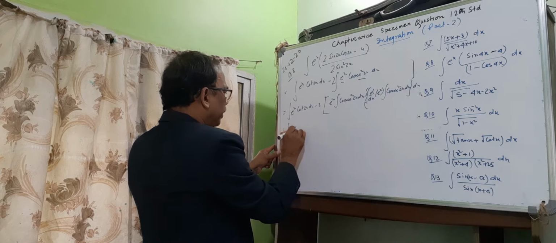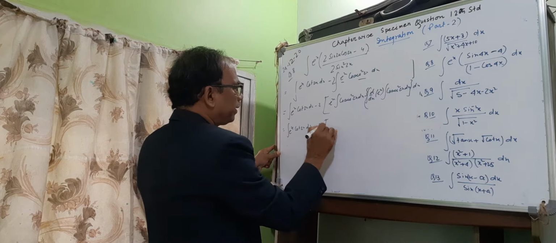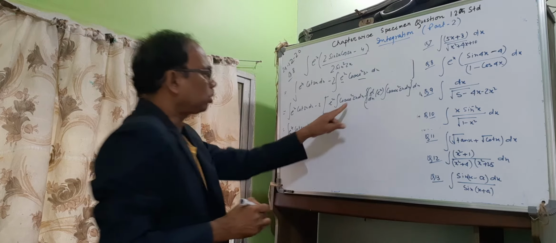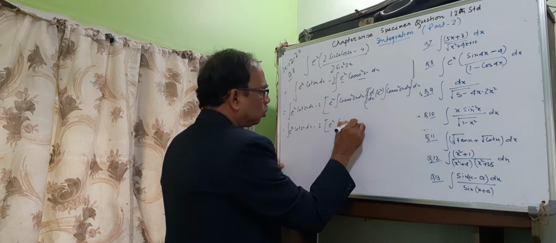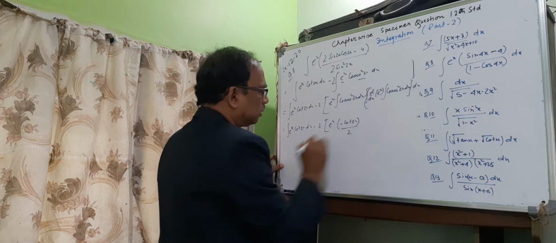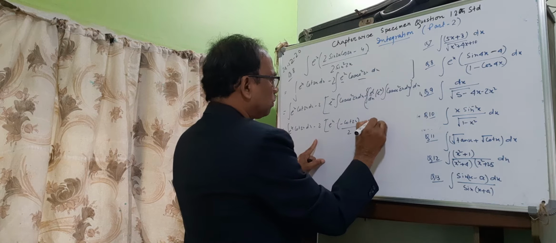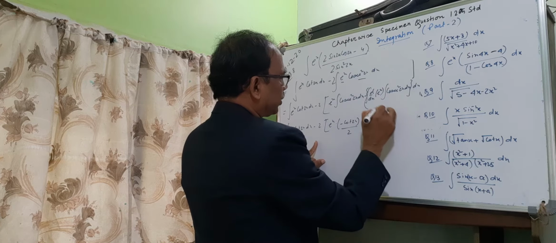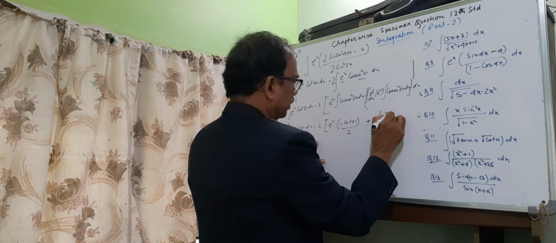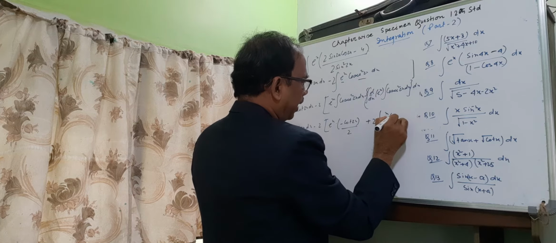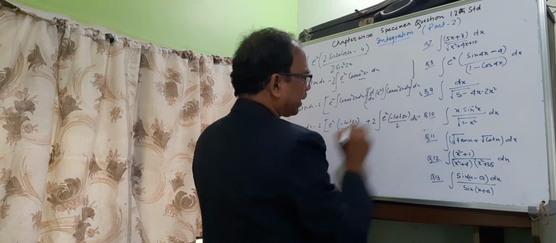Now take integration e to the power x cot 2x dx, 2 is outside, e to the power x, integration of cosec square 2x is minus cot 2x by 2, this minus, this will be plus 2, integration e to the power x, minus cot 2x by 2 dx.